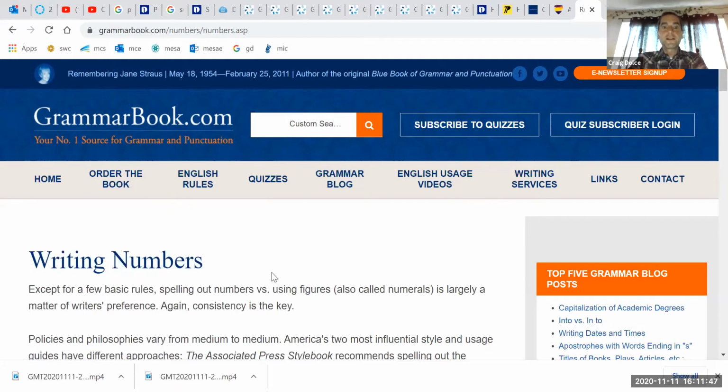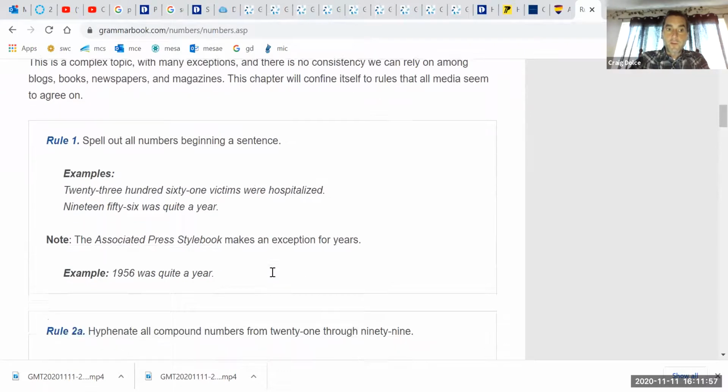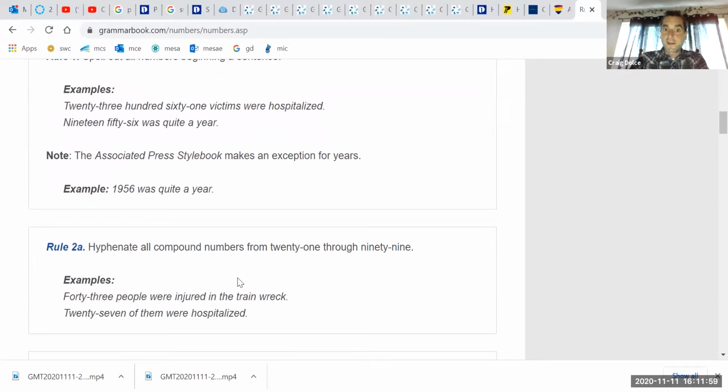And then lastly, writing numbers. So here's the deal: anything over 20, right? Because everything up to 20 is one word. So when you're using two words to make one word, right? Hyphenate. So that rule applies with compound numbers: 21, 43, 54, right? Hyphenate them.